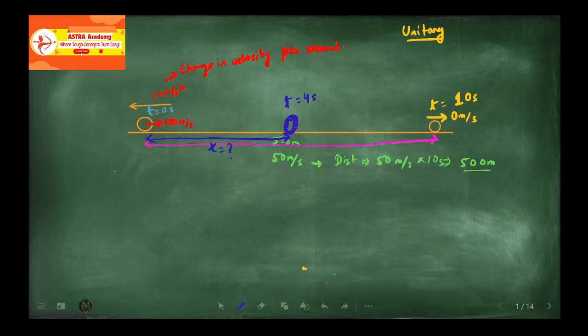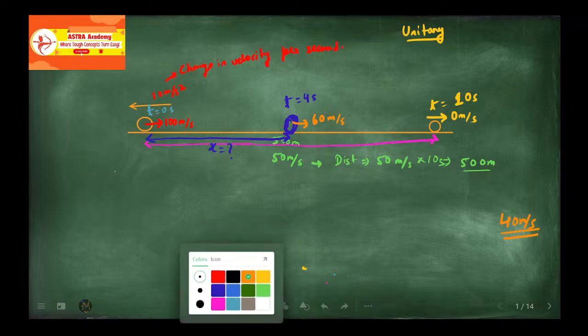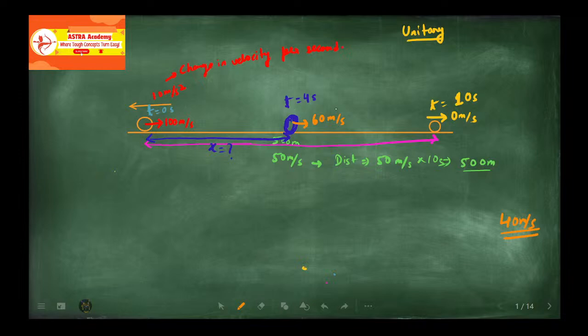Since it is decreasing the magnitude of velocity each second by 10 meters per second, in 4 seconds it will decrease the velocity by 40 meters per second, so the speed at this point will be 60 meters per second.